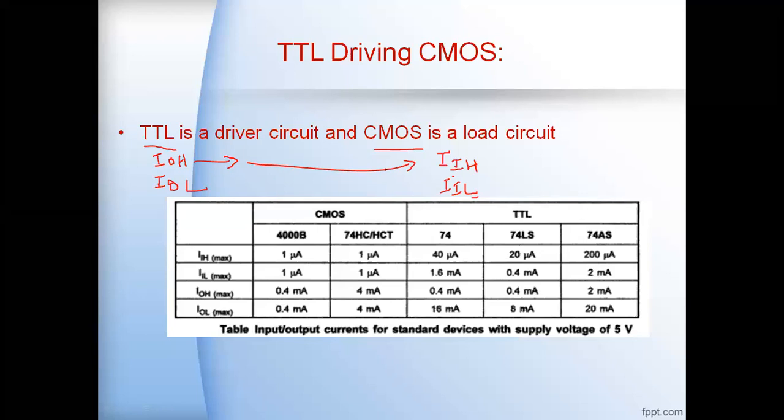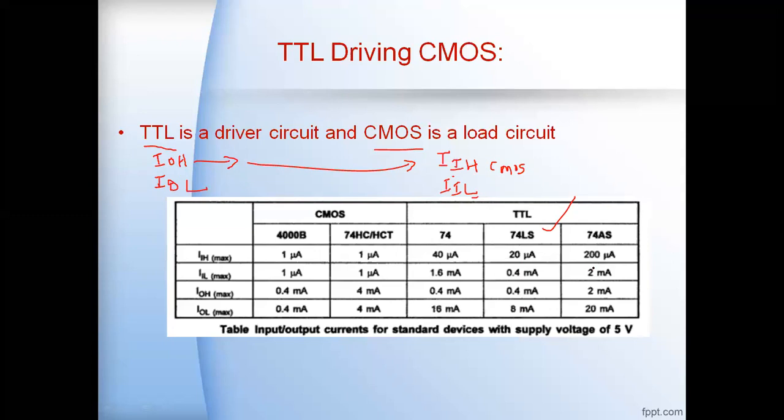Now see whether the IOH current is compatible with the IIH of the CMOS or not. This is with respect to the CMOS here. So now see what is the IOH of the TTL gate. Take this one as an example, 74LS, because in the previous also we have considered the 74LS only.